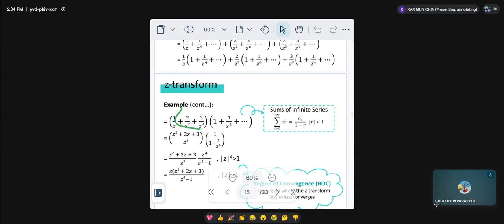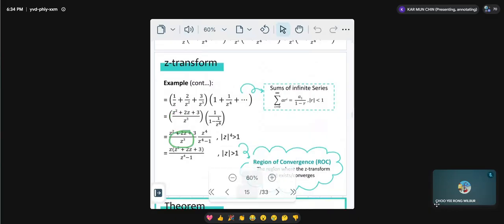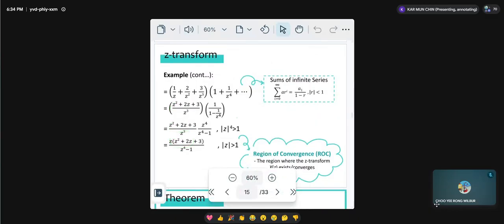For this one, then you can simplify it. This is a math question, right? Then you can simplify it, and then for this sum of infinite series, you can apply this theorem. This one is also a fixed theorem.